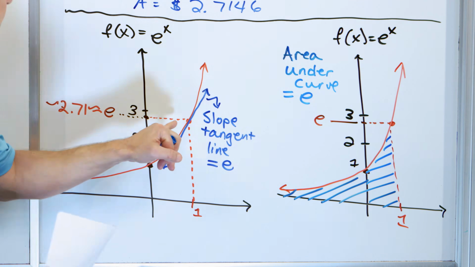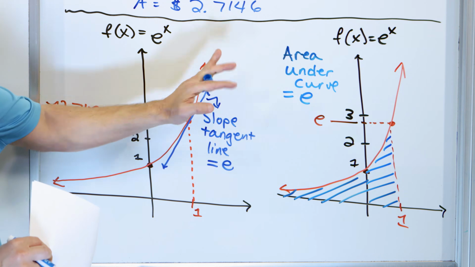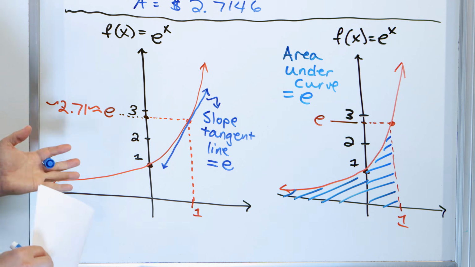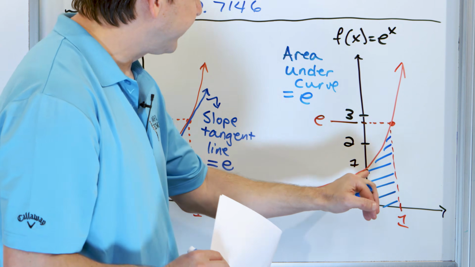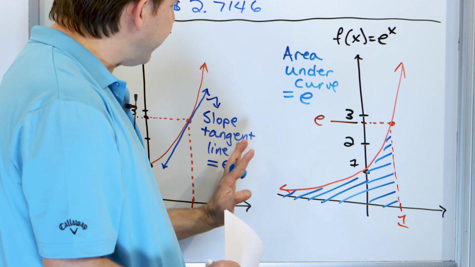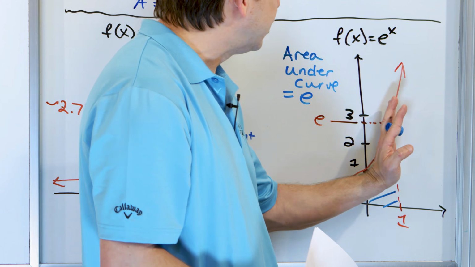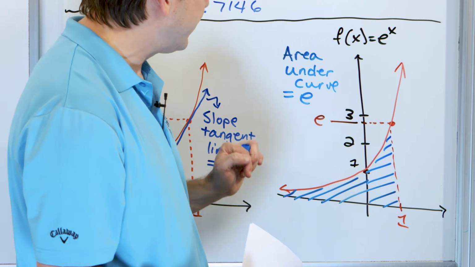So the slope of any point on this curve of a tangent line is equal to the value of the curve itself. And the area under this curve up to this point, all the way from negative infinity all the way up to and including this point, is also equal to the value of the curve.